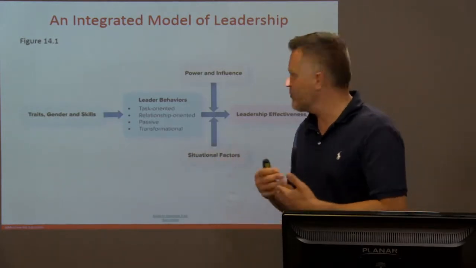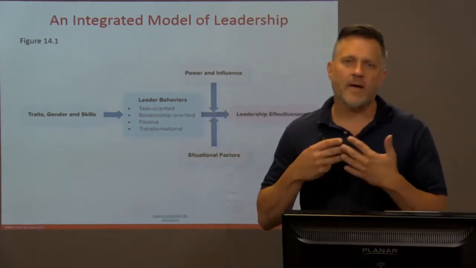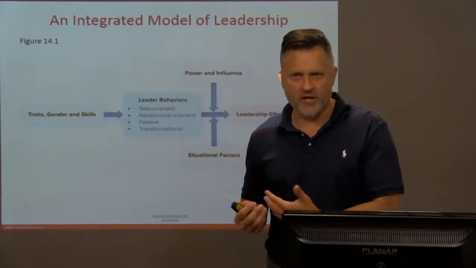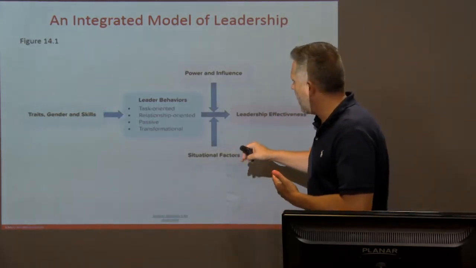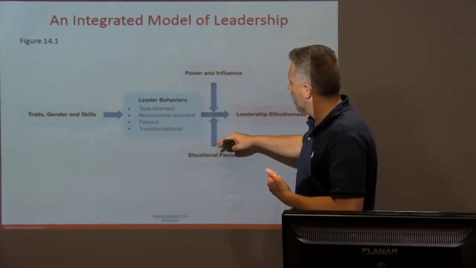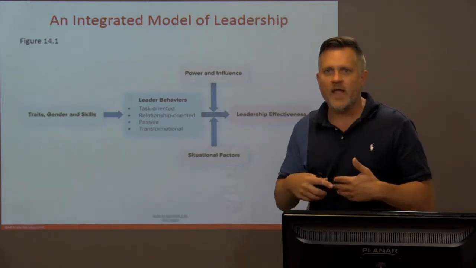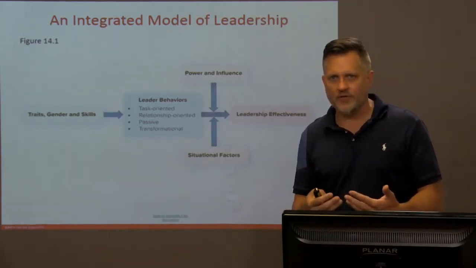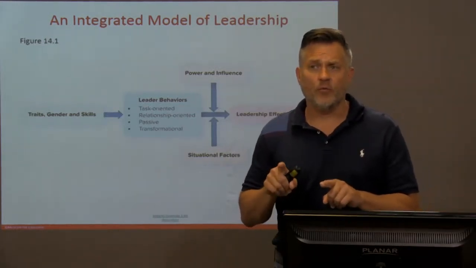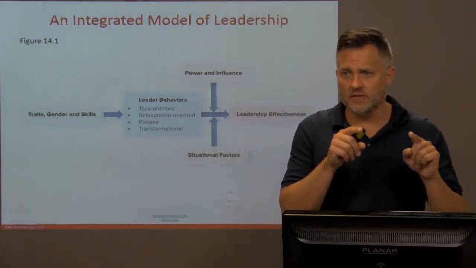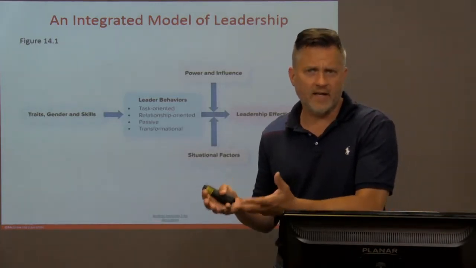After that, we're going to start bringing in some leadership behaviors, where we talk about tasks versus relationships or consideration. And then also within this, we introduce things like forms of power and ways to influence individuals, along with different situational factors. We've seen many, many times that leaders succeed in one situation but then don't do as well in another situation.